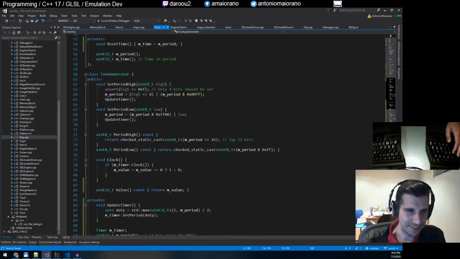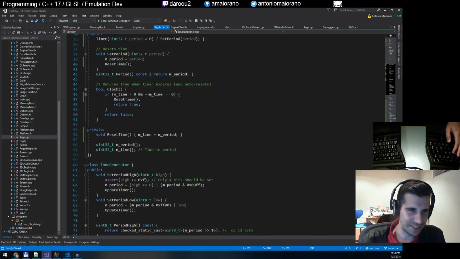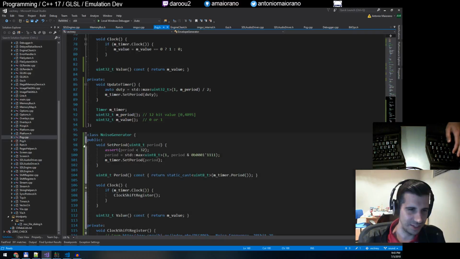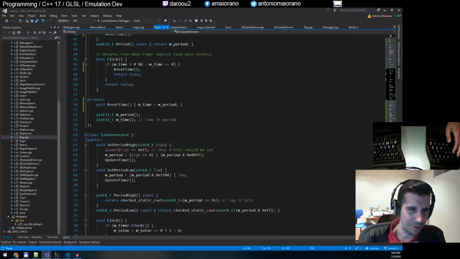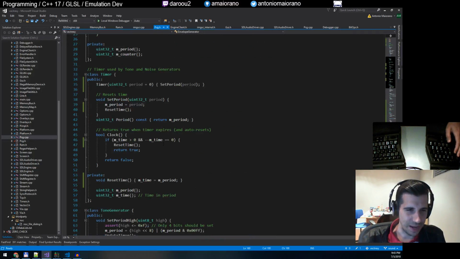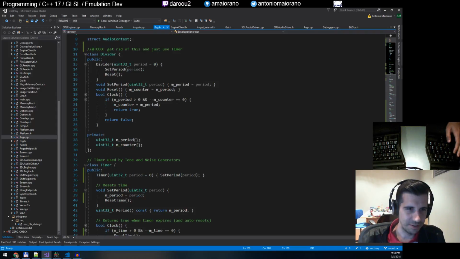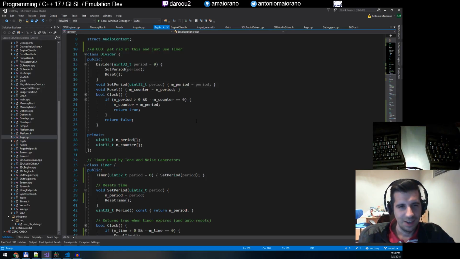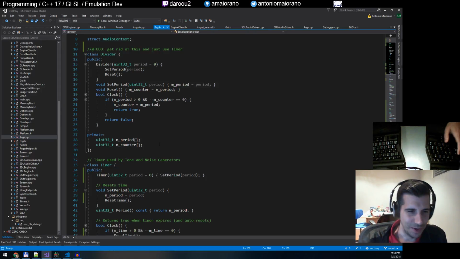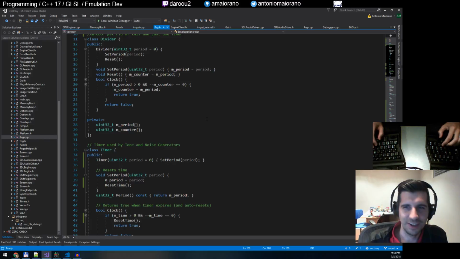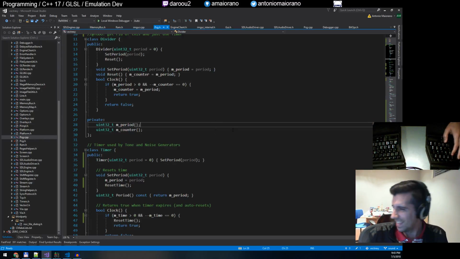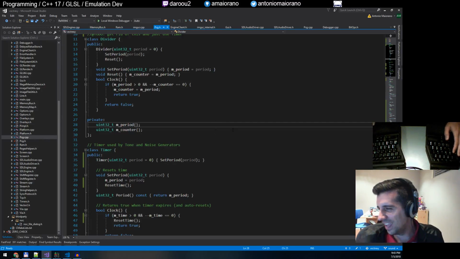So I factored out the code from the tone generator into this timer class and used it in the noise generator as well. But without realizing that as I was factoring out this code, I was effectively rewriting the divider code, because the divider is just a timer. But it had never clued into me, because there's a delay in time between these two, and they're literally one above the other, you know? Isn't that amazing to you? Or funny? Anyway.